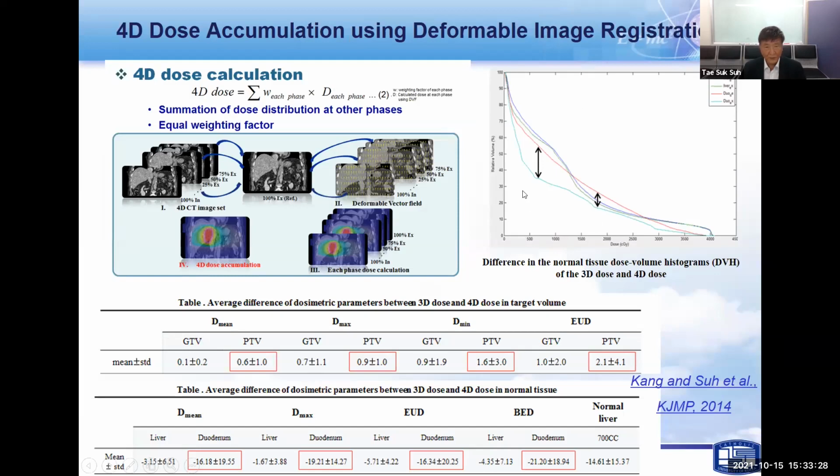As shown in this figure and table, we confirmed a very significant dose difference in both target and normal structure. So we need 4D planning instead of 3D planning to evaluate dose computation accurately.